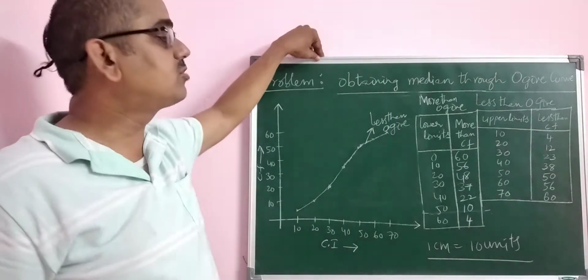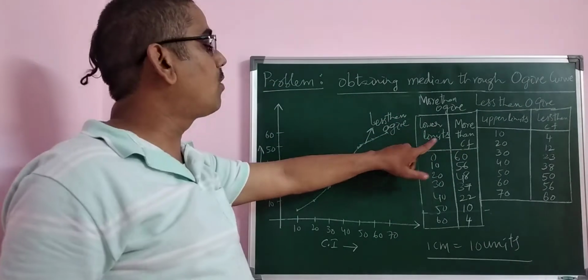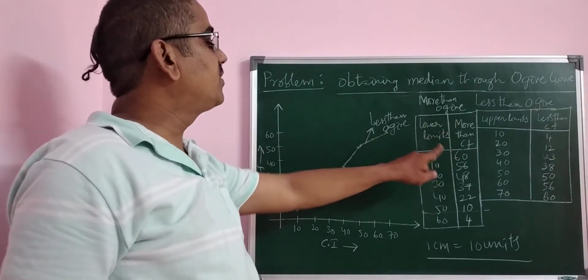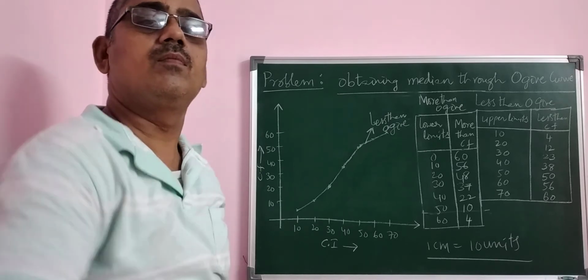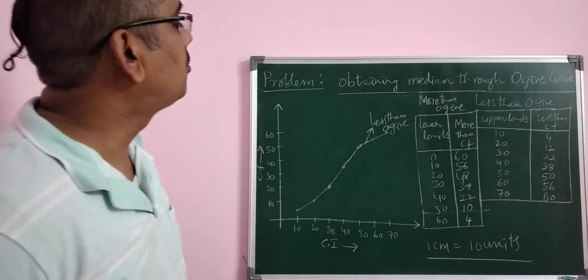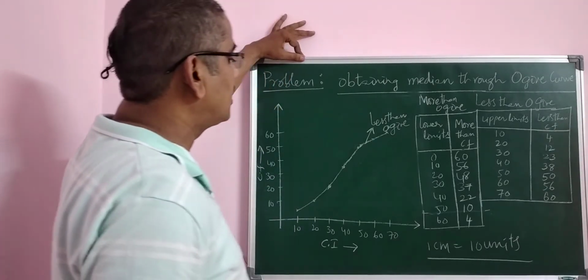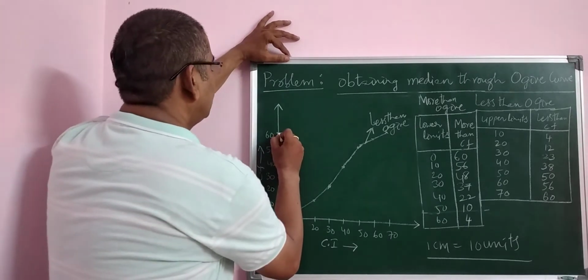Right? So now similarly take the more than cumulative frequencies and lower limits. Now you plot the more than cumulative frequencies against lower limits of the respective class intervals, so that we will get more than Ogive curve. So more than Ogive, more than cumulative frequency, I am considering 60 against 0. This is 0, this is 60.